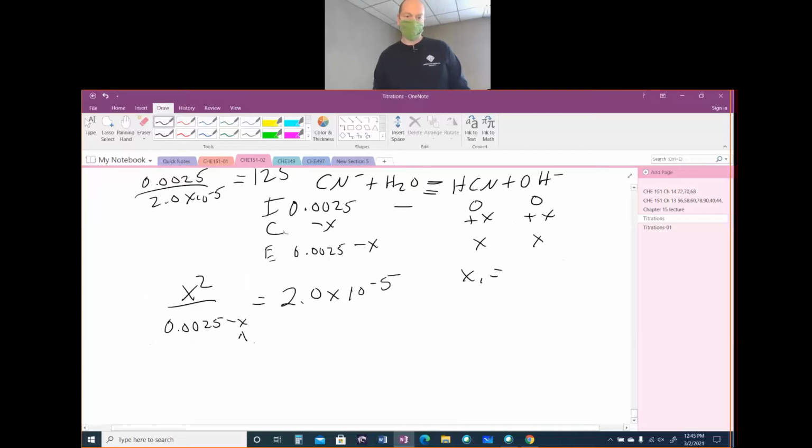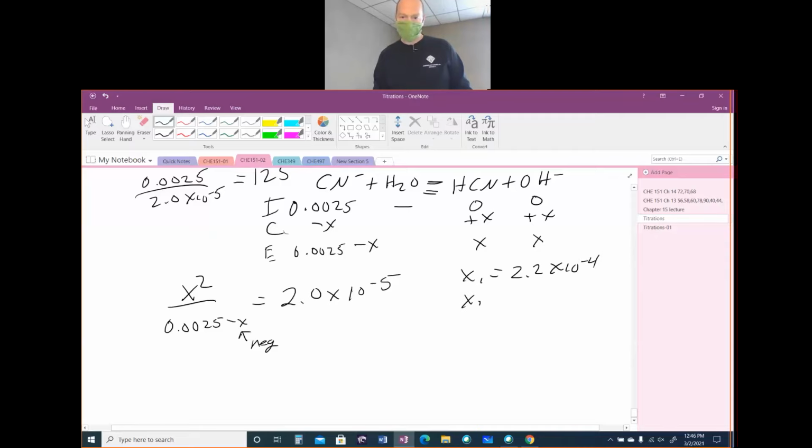The concentration divided by the Kb was not greater than 1,000. And so we're going to neglect our x and take our 2 times 10 to the minus 5, multiply by 0.0025, get the square root of that for x1, and that is 2.2 times 10 to the minus 4.